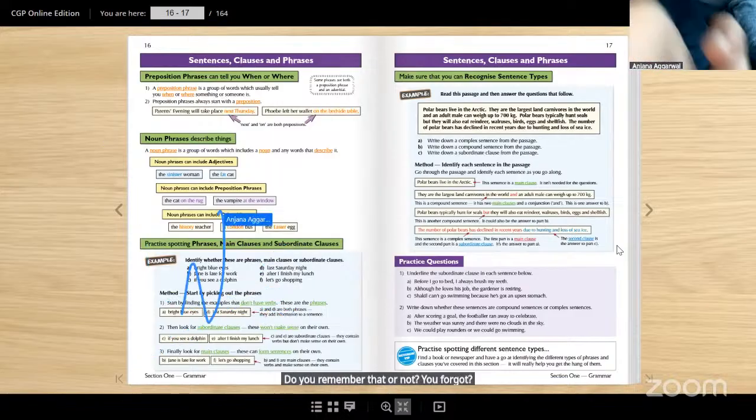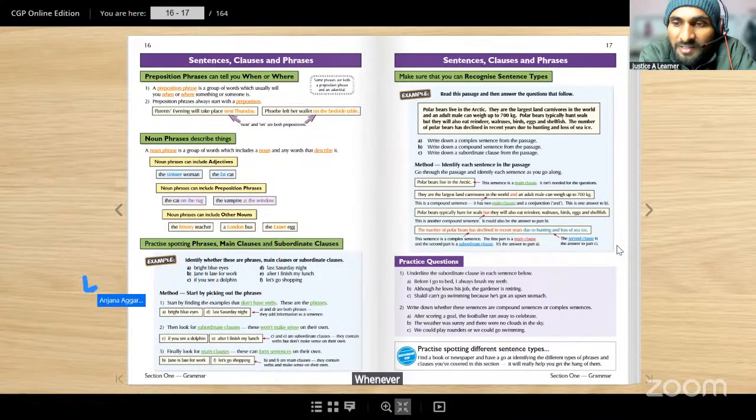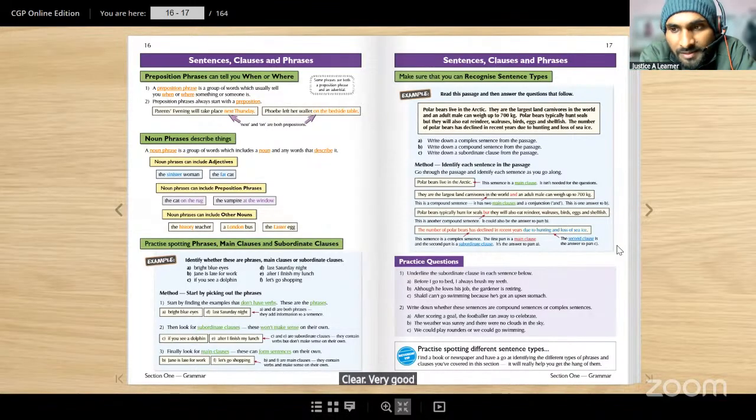I do remember. So you should not repeat the same mistake. Whenever we are talking about phrases, they would never contain a verb. So last Saturday night does not contain any verb, so that is to be considered a phrase, right? Clear? Very good. Okay, go ahead.